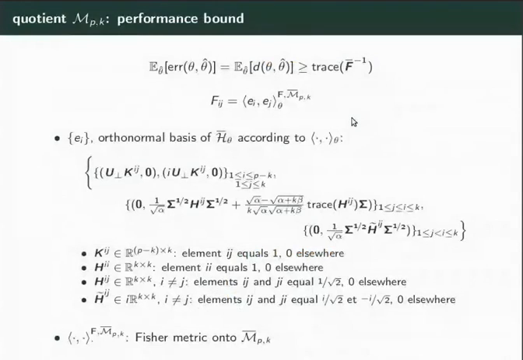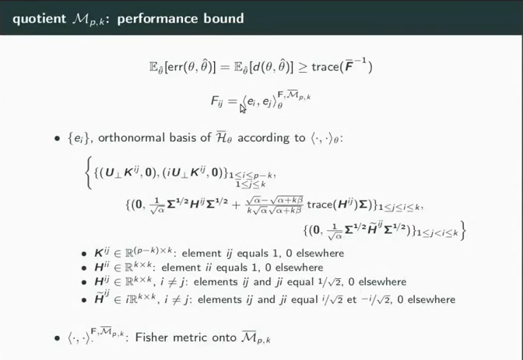And to find a performance bound that is adapted to this error, so this divergence here, we can define the alternative Fisher information matrix F here, where these are the elements of the Fisher matrix.